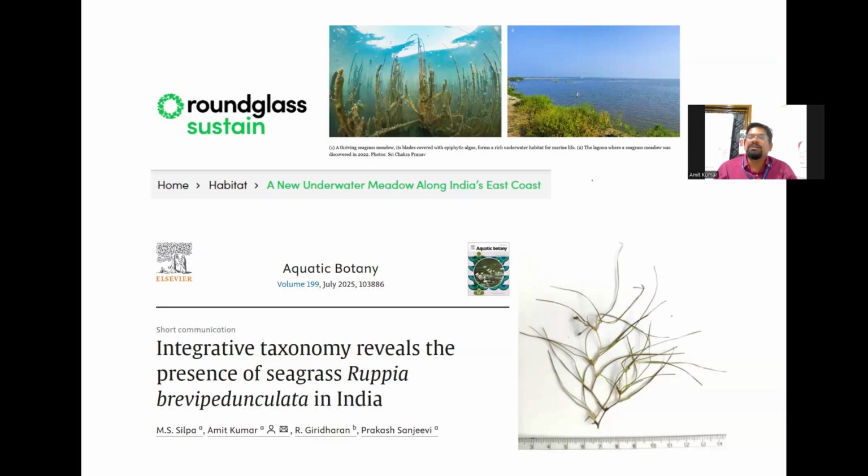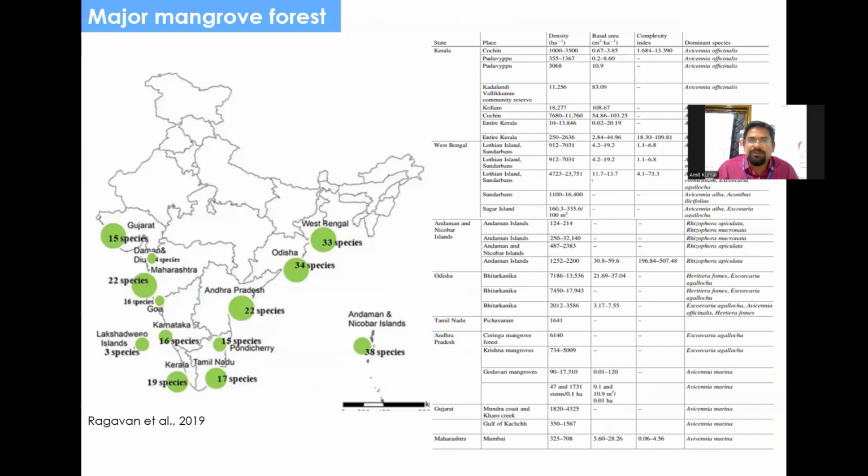Vipin also started working on seagrass and recently found, using integrative taxonomy, the presence of the seagrass Ruppia brevipedunculatum. So now we've been working on the taxonomy using the integrative approach on the seagrasses of India. So hopefully seagrass research will also start happening at a faster pace in our country.